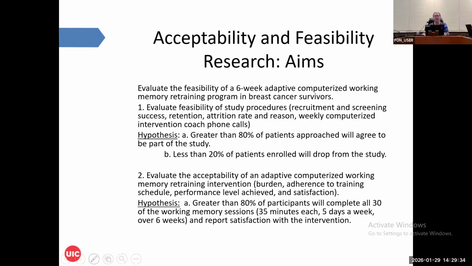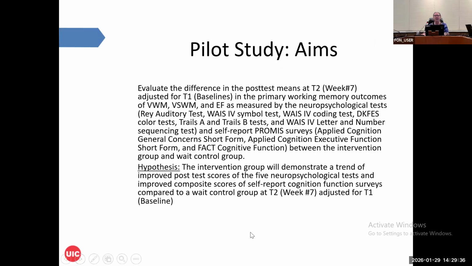Then, keeping with this same population and study, what I'm going to show you is pilot study aims. Here we're evaluating the difference in post-test means at T2, time 2, which was week number 7. You want to adjust for baseline measures.